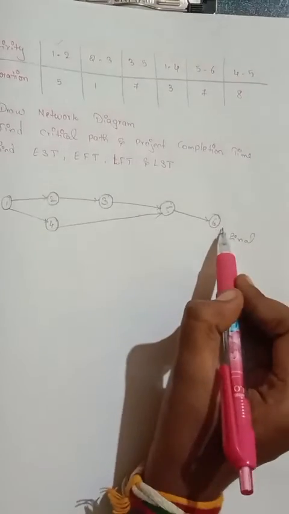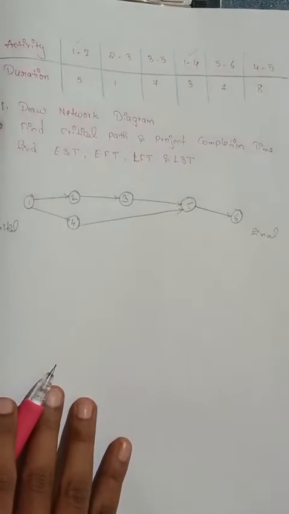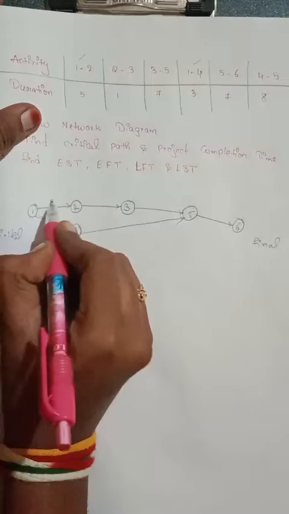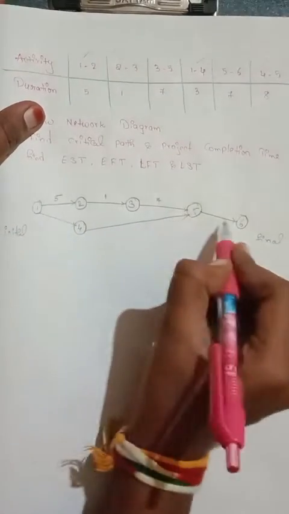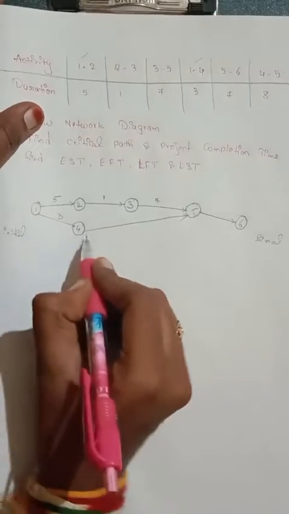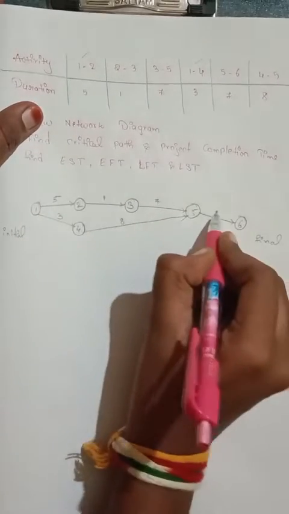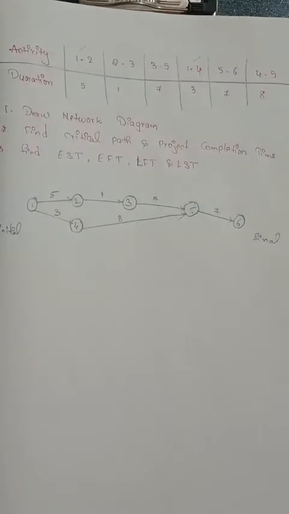If you keep it at a long distance, then only you can notice that it is the final node. From 1 to 2, just mention the durations: 5, 1, and 3 to 5 is 7, 1 to 4 is 3, 4 to 5 is 8, and 5 to 6 is 7. Then our network diagram is completed, guys.